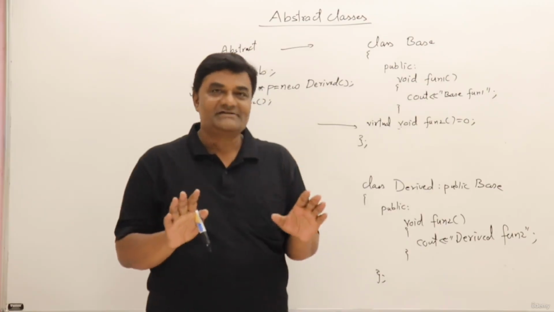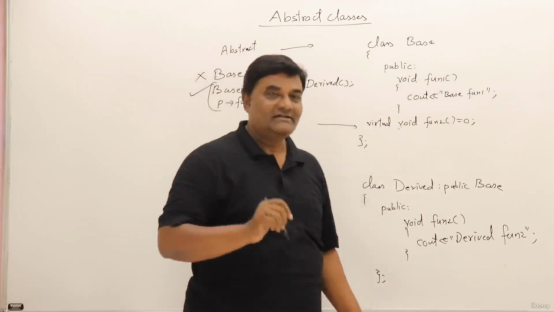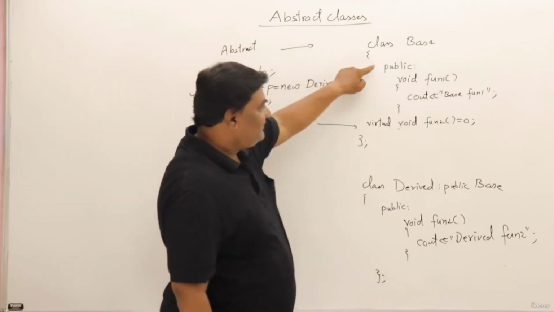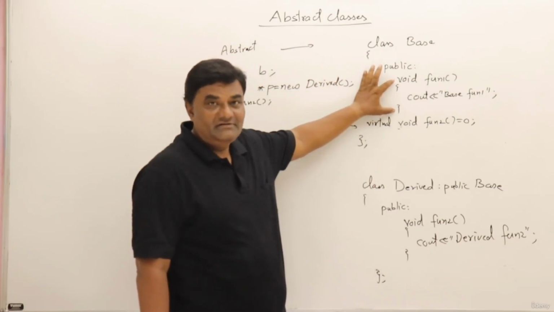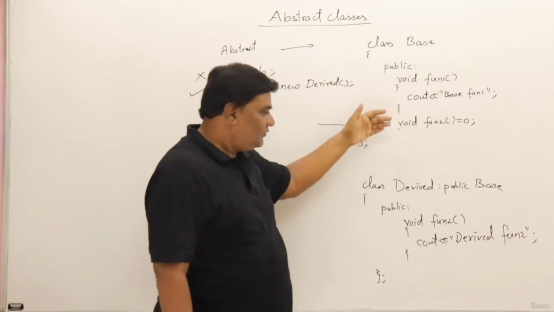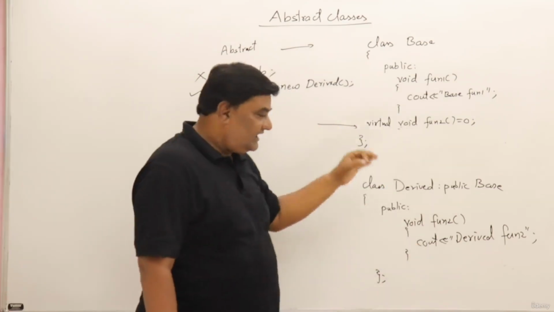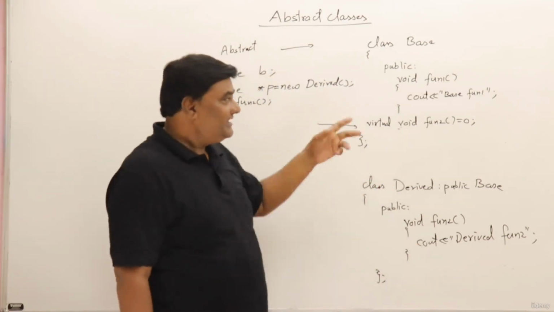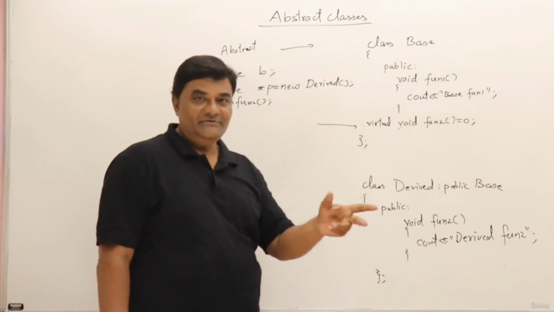A class is having concrete functions, means the functions which are defined, having a body, or pure virtual functions, which are meant only for overriding, right? Its body is not there. Child class must override.